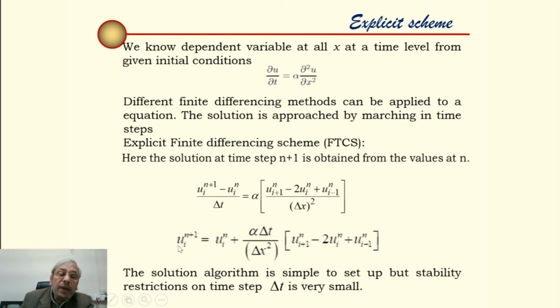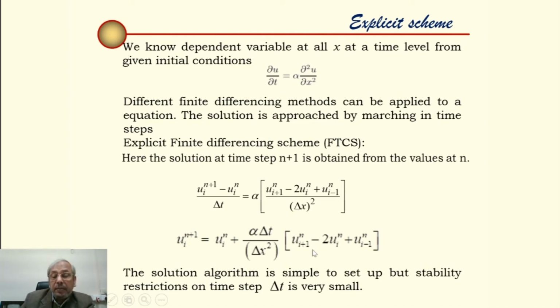Now from here we can write u_i^(n+1) = u_i^n + alpha delta t divided by delta x squared within bracket (u_(i+1) minus twice u_i plus u_(i-1)), all are at nth level. Now this is very convenient to write and very convenient to evaluate also.